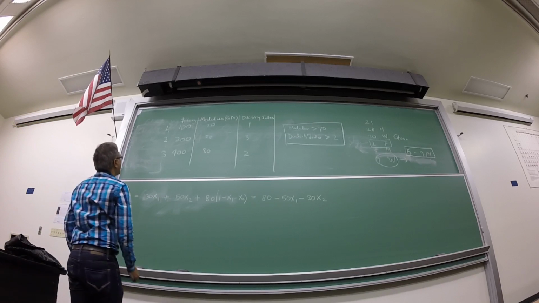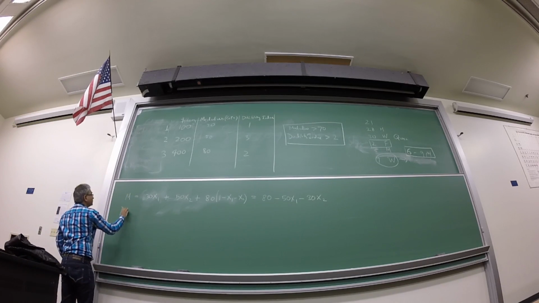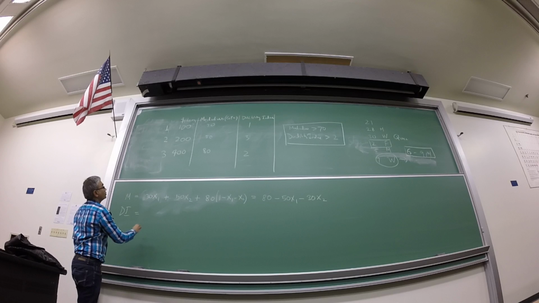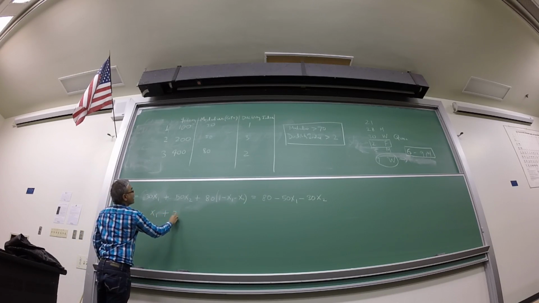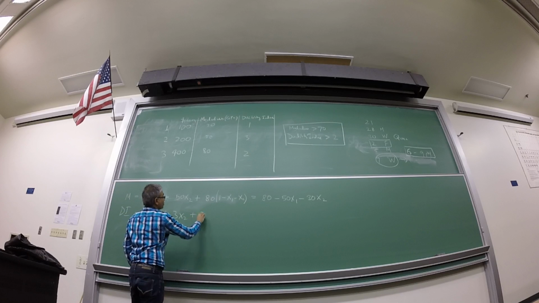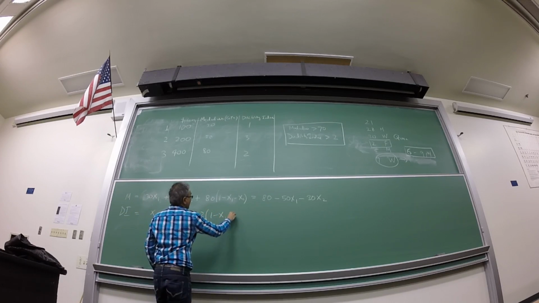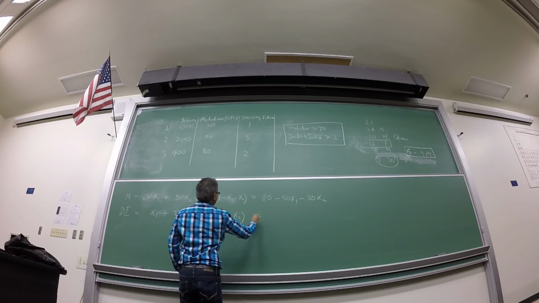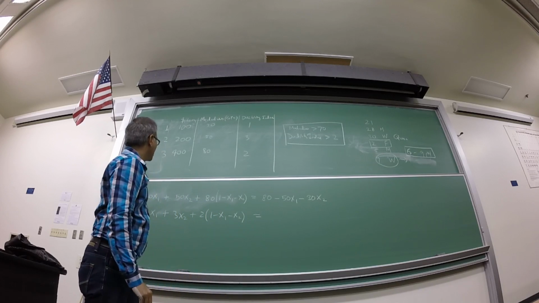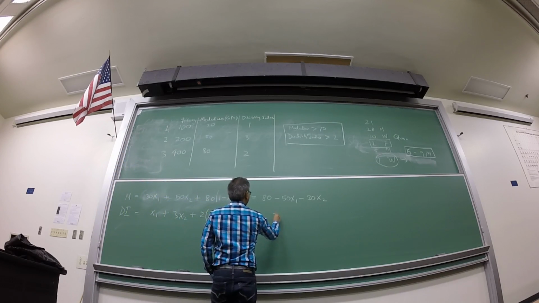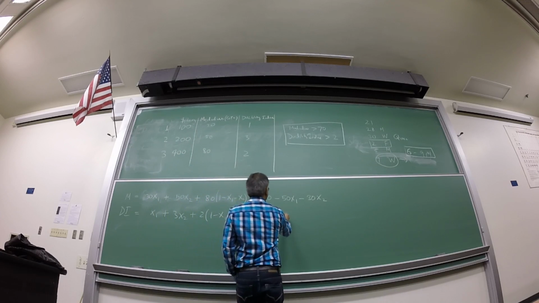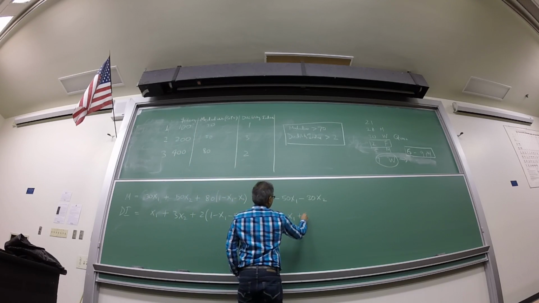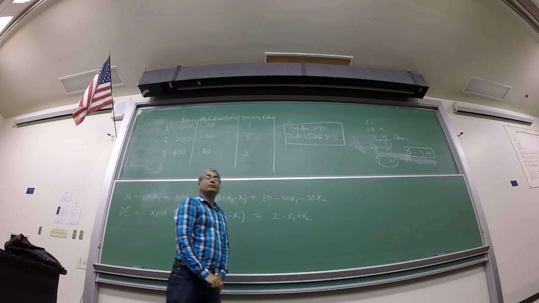Okay. And similarly, ductility index di is going to be equal to x1 plus 3x2 plus 2 times 1 minus x1 minus x2. And so this will become 2 minus x1 plus x2. Right?